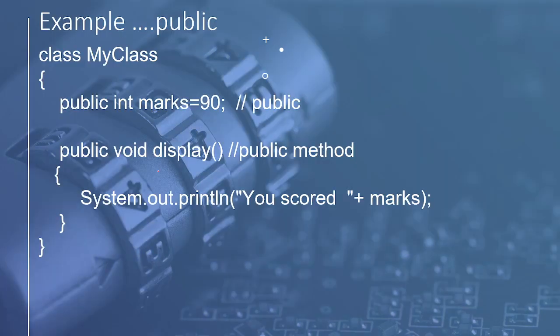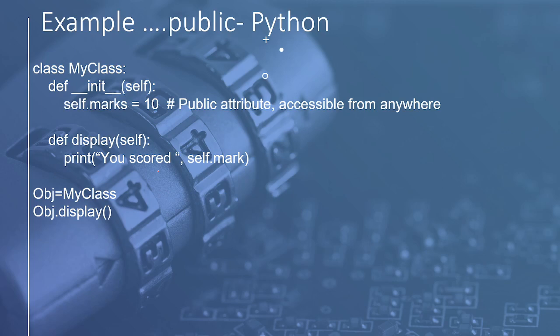Okay, let's see an example. We have public, the keyword in Java, int marks 90, and we are displaying that. We have not created an object here. The main class is not there. It's not required in this case, just for the sake of example only. Then let's look at the Python code. We simply say self.marks is equal to 10, and you scored self.marks.